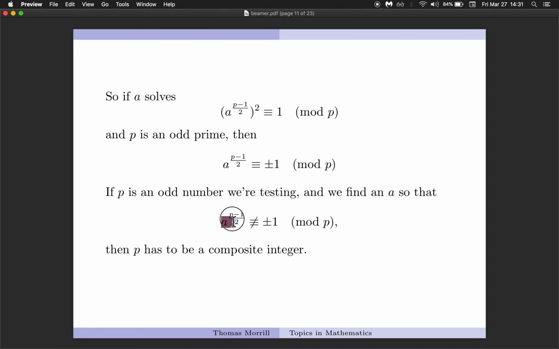But that would mean that this number here is an extra square root of 1. There's only supposed to be 2 of those when you're working mod a prime. There's only supposed to be 2 square roots of 1 at all in normal algebra, but we're not working in normal algebra.